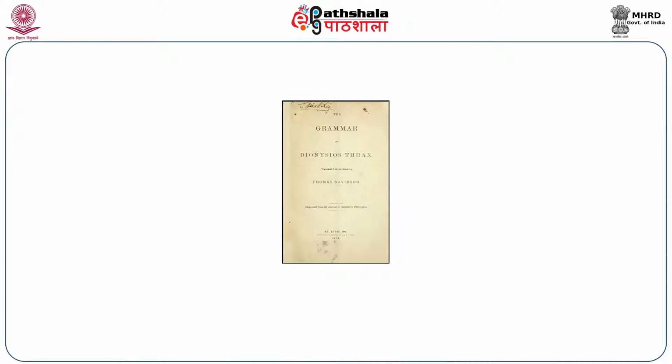So Dionysius of Thrax's grammar of Greek also sets the stage for a departure, because as Greek civilization waned and we moved towards the Latin system, the linguistic basis for the identification of parts of speech shifted.